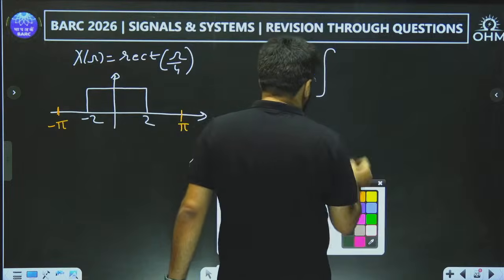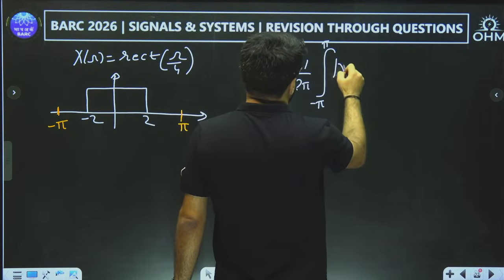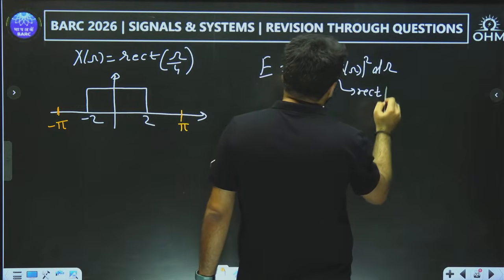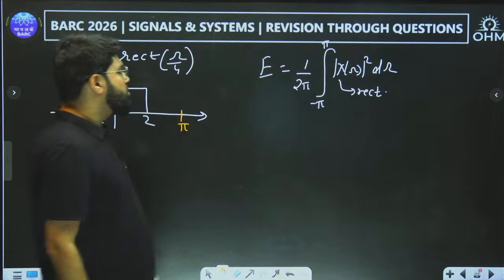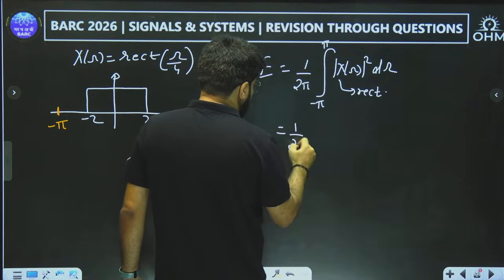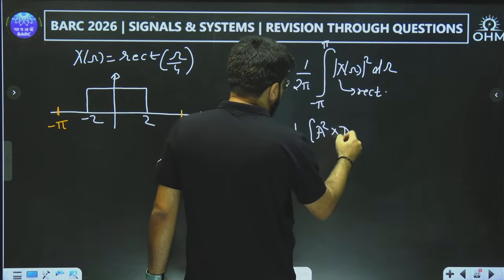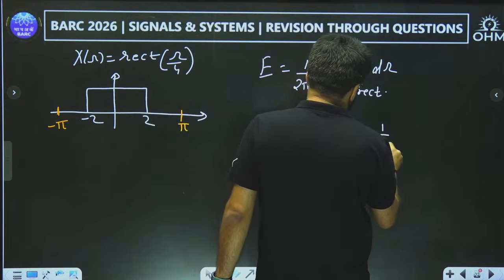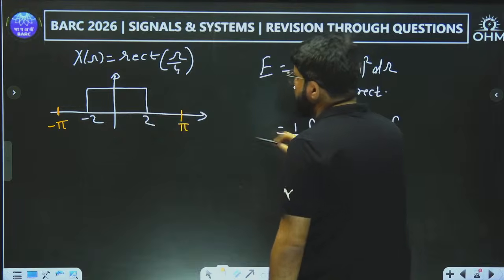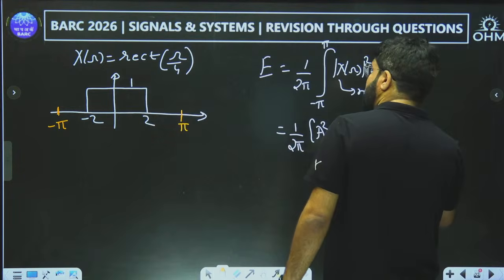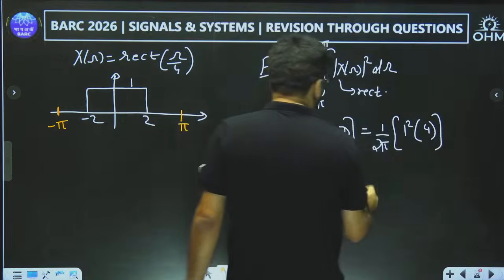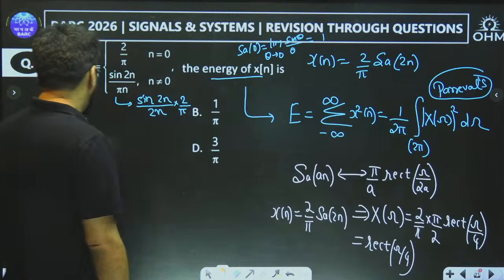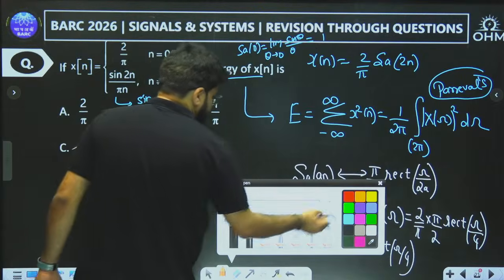Integral from minus pi to pi of modulus X(omega) whole square d omega, where X(omega) is a rectangular signal in the one period. The area under the square of a rectangle is amplitude square into duration. So 1 upon 2 pi into amplitude square. Amplitude is 1 only here. 1 square into total duration 4 units. So net answer is 4 by 2 pi, that is 2 upon pi. Answer is A here.